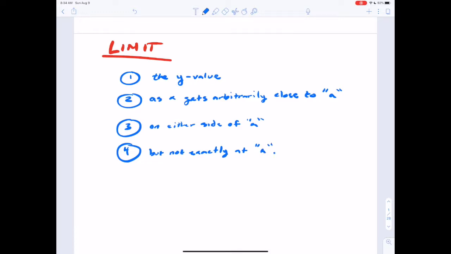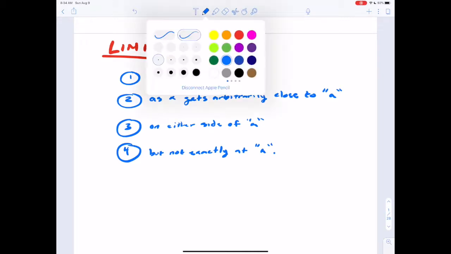Okay, so first what we're going to do is we need to know this. This definition is very conceptual, and you need to know all four lines here. You want to recite this to yourself, and you want to say this as many times as possible. So again, it's the y value, and I'll illustrate this as we go.